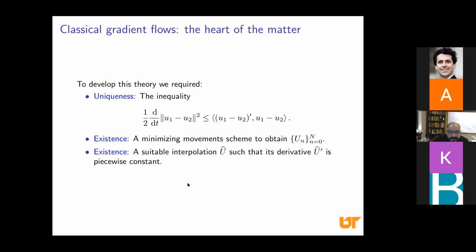To get existence, we needed two things. The first was some sort of minimizing movement scheme to get the approximate values at the grid points.